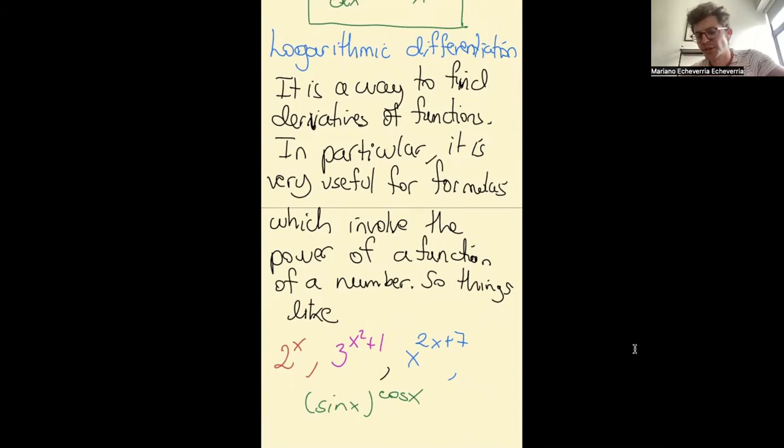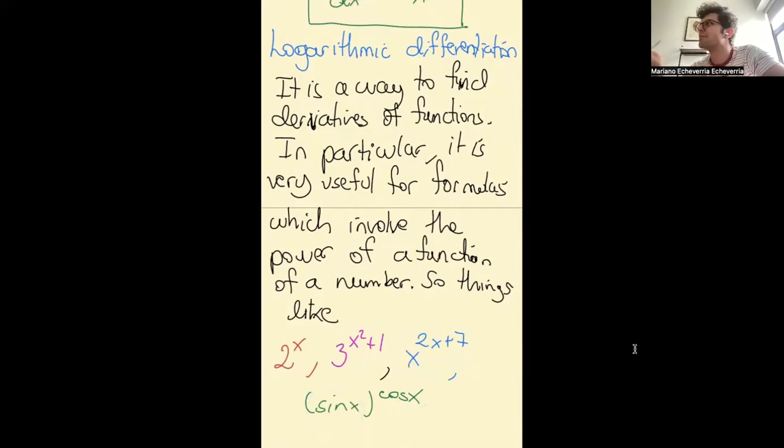What the first two have in common is some number raised to some expression of x, like 2 to the x or 3 to the x squared plus 1. And the last two are even more complicated, because it's something that depends on x raised to something that depends on x.